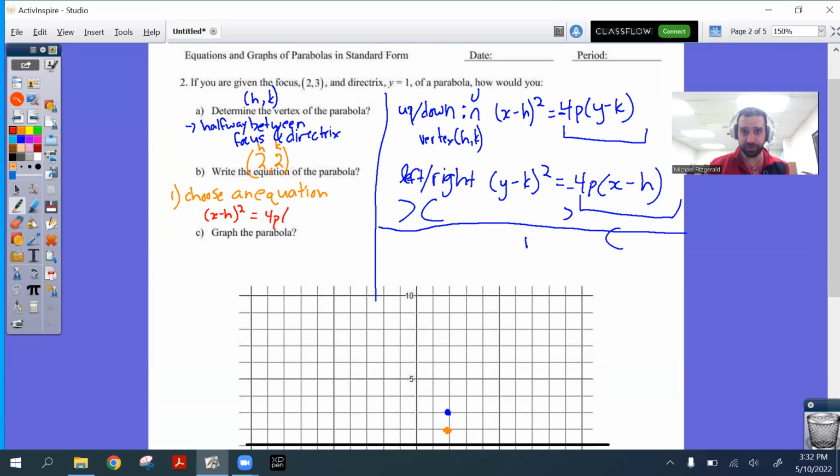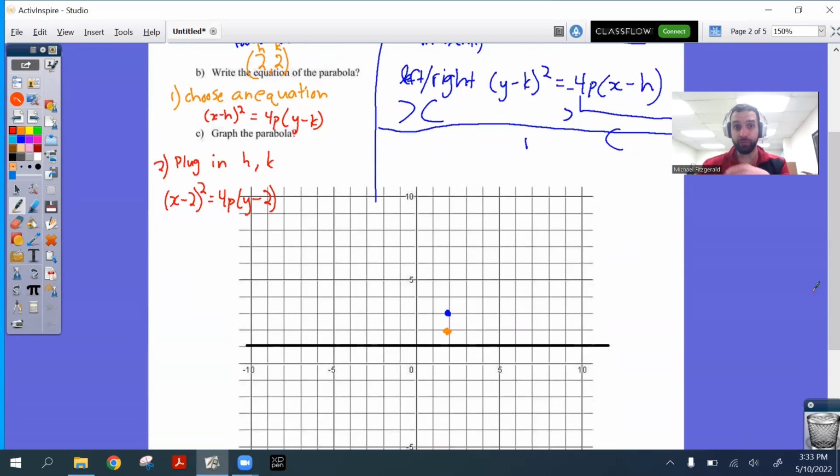There's not going to be a negative there. Step 2 is plug in h and k. We have 2 for both of them. (x minus 2) squared is equal to 4p times (y minus 2).